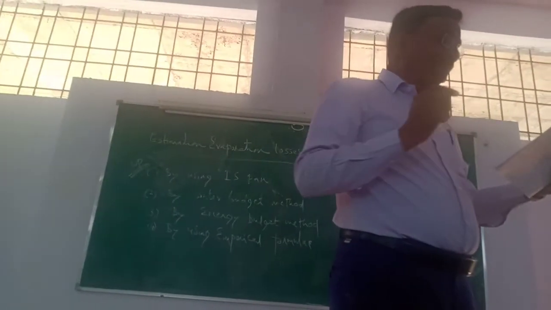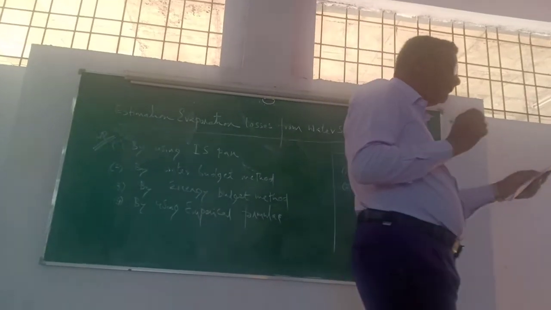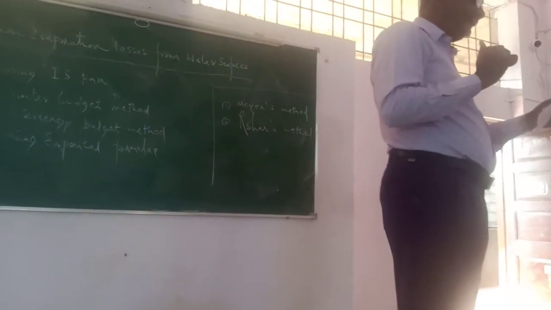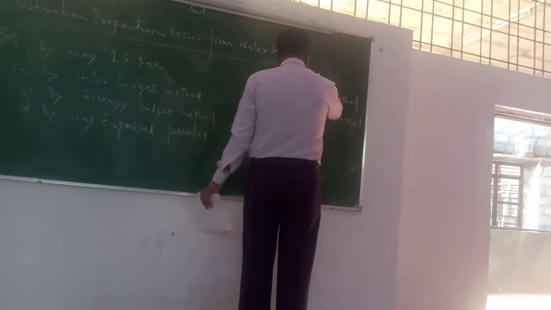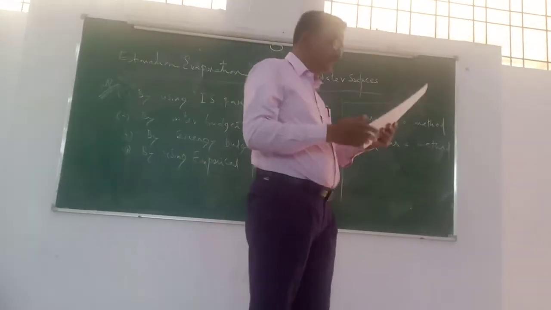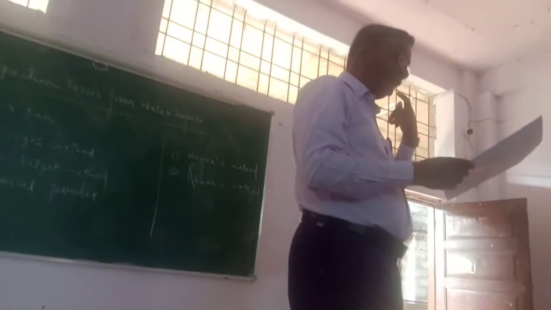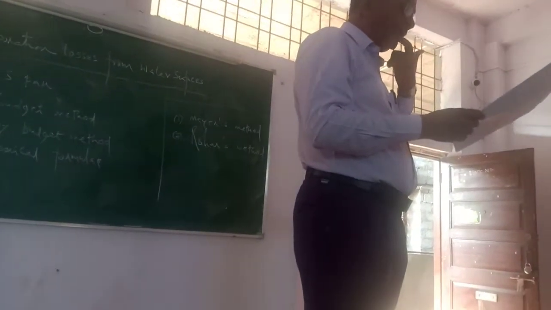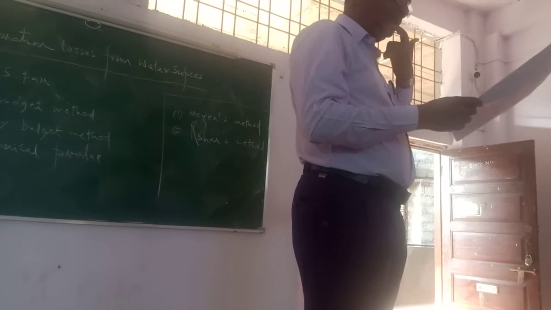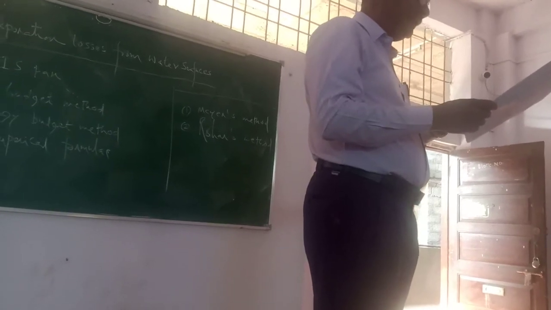For 8 marks, describe how the estimation of evaporation is carried out by Meyer's equation and Rohwer's equation. And before that, there is also one more question being asked: what is evapotranspiration, and also the factors affecting evapotranspiration.